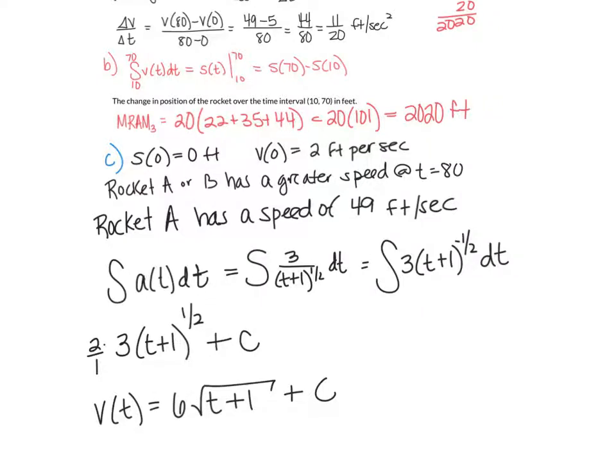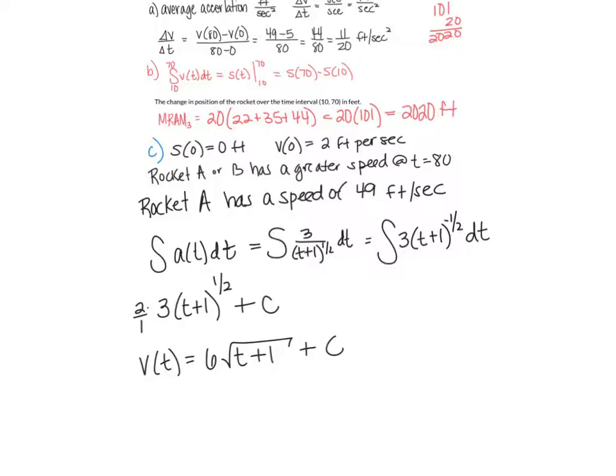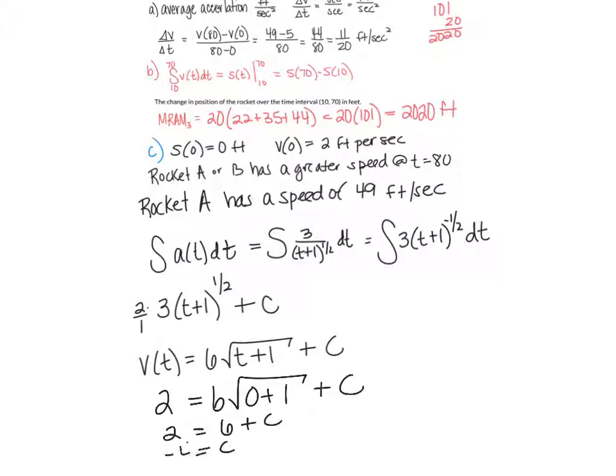And remember, it says velocity at time 0 is 2 feet per second. So velocity is 2 when time is 0. So we get 2 is equal to 6 plus c, so c is -4. So the velocity equation for rocket B is 6 square roots of t plus 1 minus 4.